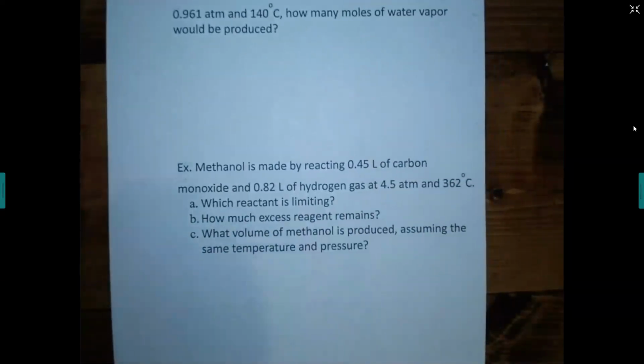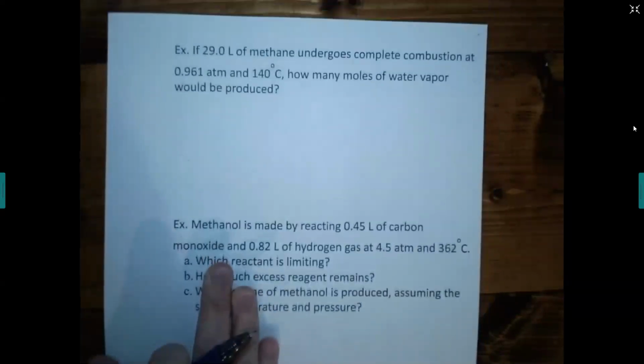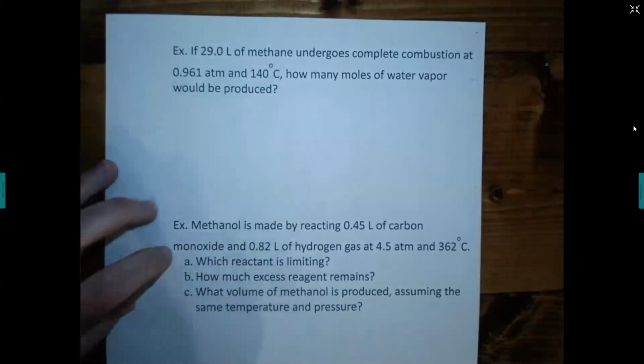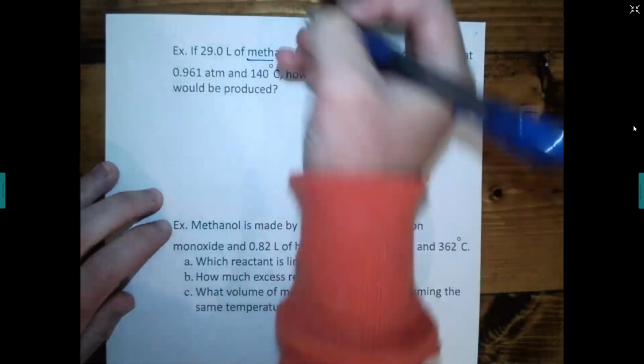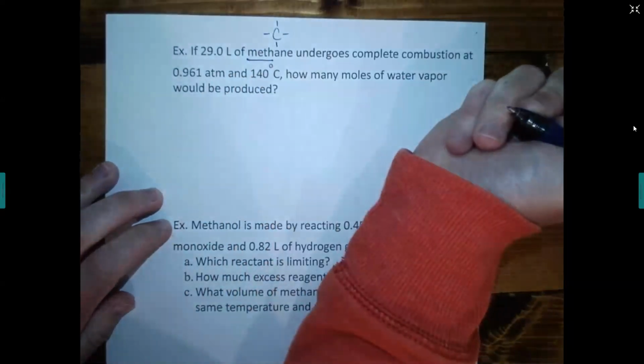All right, this says if 29 liters of methane undergoes complete combustion at 0.961 atmospheres and 140 degrees Celsius, how many moles of water vapor would be produced? So again, start with a balanced equation. Methane, meth means 1 carbon, and then you've got those 4 hydrogens around it.